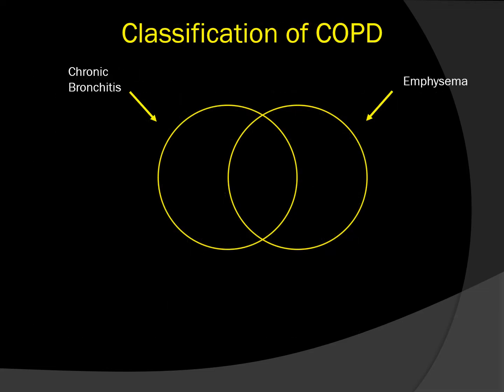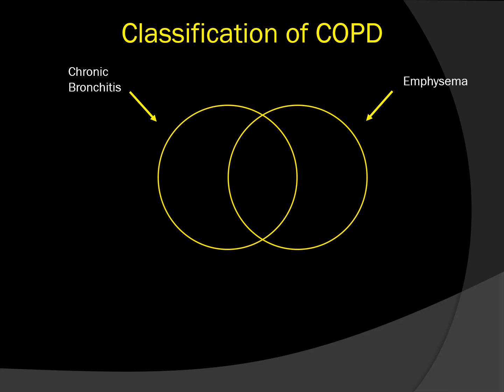Now, I'd like to review the classification of COPD because there is sometimes quite a bit of confusion about the nomenclature. First of all, as you can see here, there is significant overlap between the two most common forms of COPD, chronic bronchitis and emphysema.